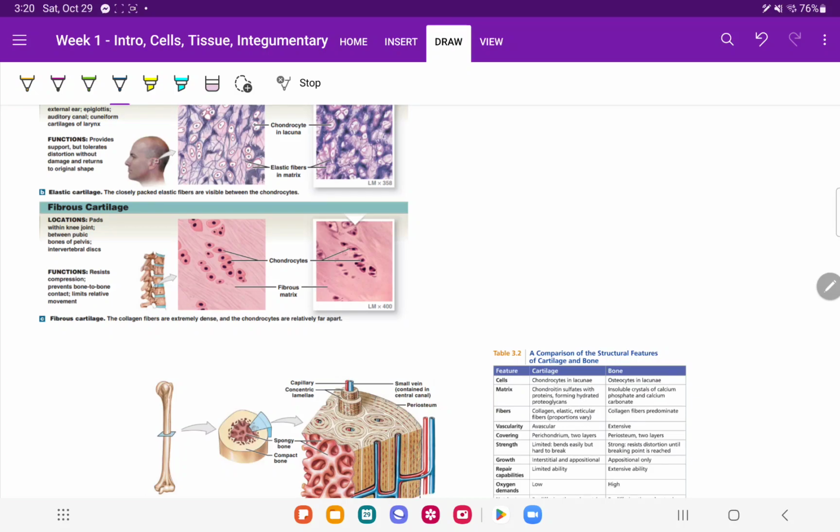These fibrocartilaginous pads lie in areas of high stress, such as the intervertebral discs between the spinal vertebrae. This fibrous cartilage resists compression, absorbs shock, and prevents damage from bone to bone contact. Okay.